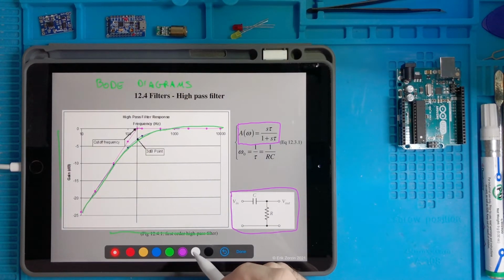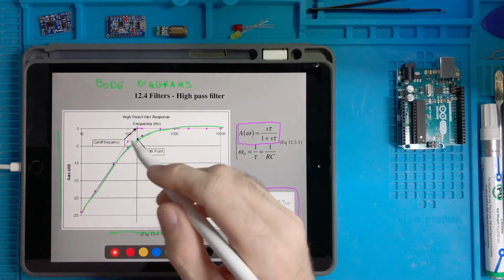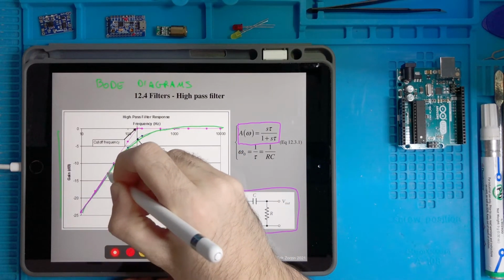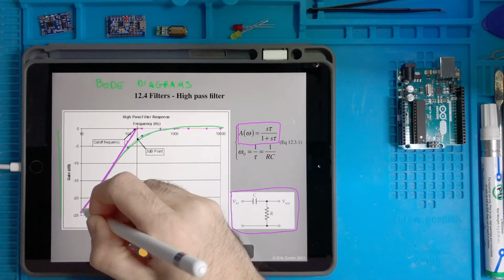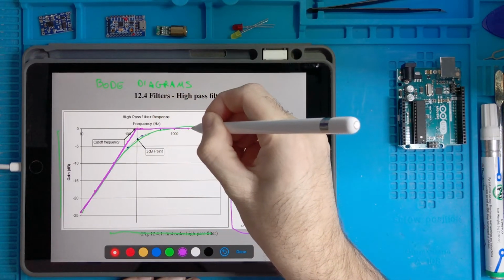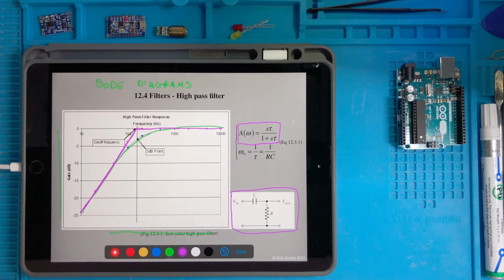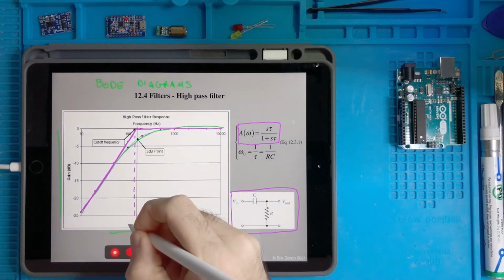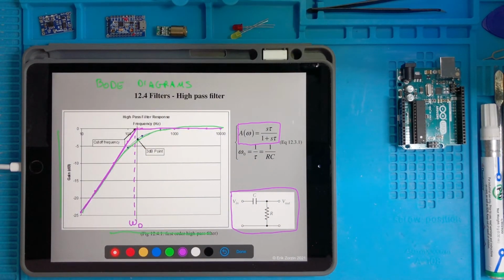More specifically, the Bode diagrams are the so-called asymptotic plots, so the approximation of those curves with pieces of straight lines. And again here we have a cutoff frequency omega 0.